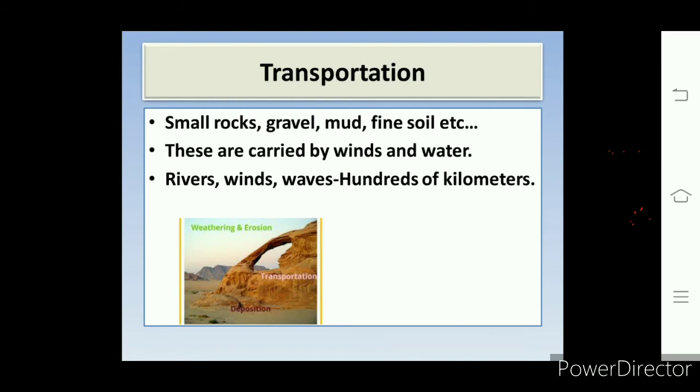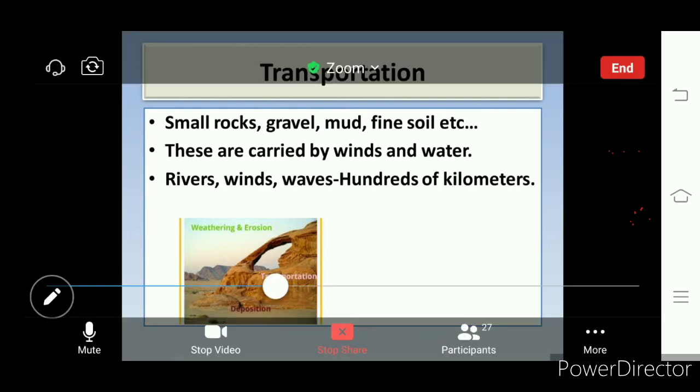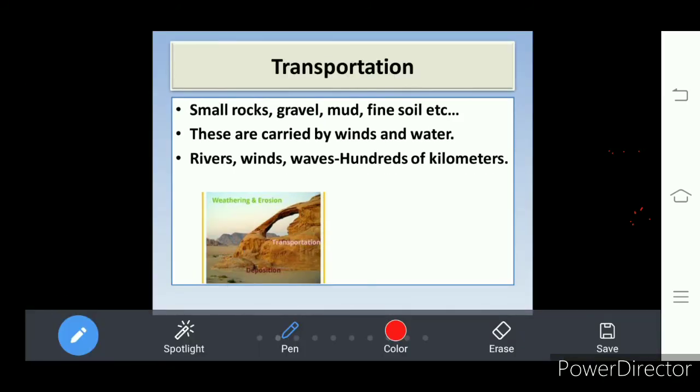Okay, so the small particles, that means small rocks, gravel, very fine and small stone parts, and mud, that is very soft particles of the earth's surface, which are eroded by the wind and water, and fine soil, which is light in weight, all these are carried by the blowing wind and water.